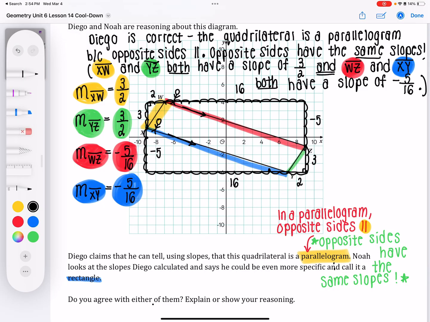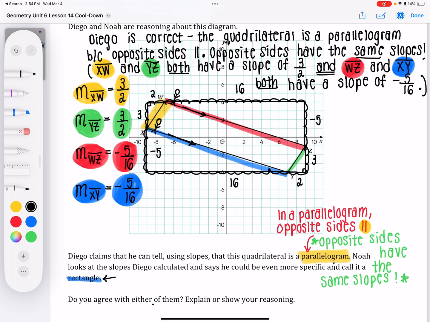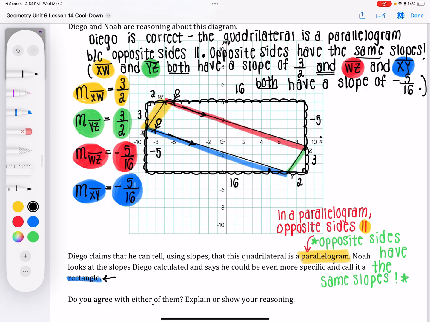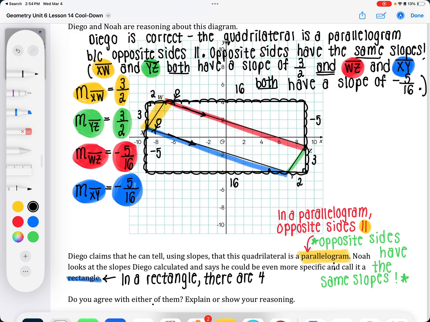And what we're going to do is recall a fact about rectangles. So we're going to say in a rectangle, there are 4 right angles.